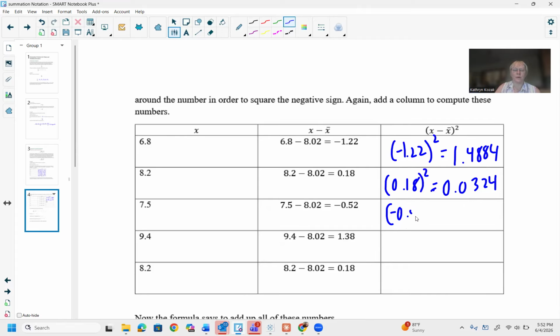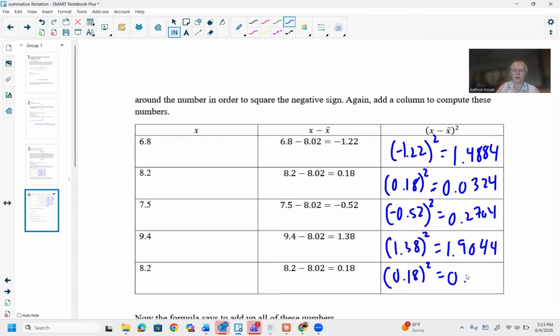Parentheses negative 0.52, close parentheses squared, gives me 0.2704. Parentheses 1.38, close parentheses squared, gives me 1.9044. And parentheses 0.18, close parentheses squared, is 0.0324.